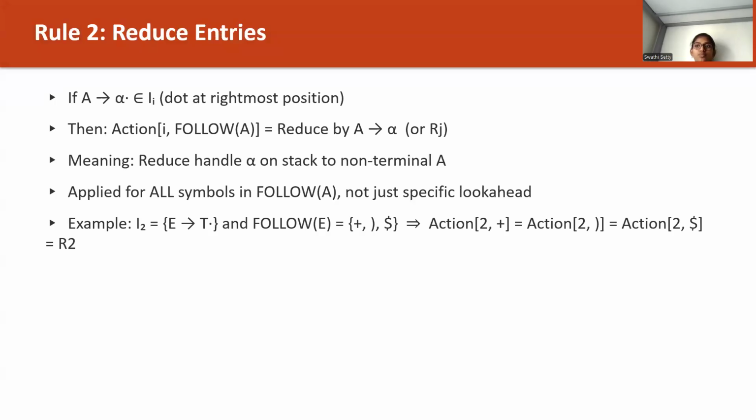Next comes rule 2, the reduce entries. We'll compute the reduce entries by numbering all the productions in the augmented grammar from 0 to n. Here, let's say we have 0 to 6.